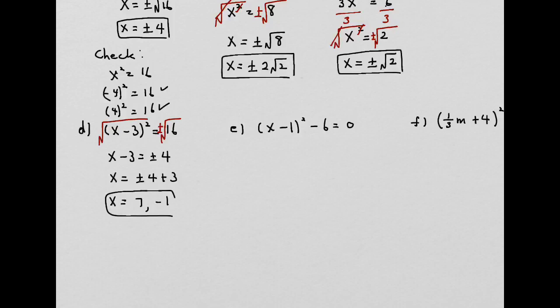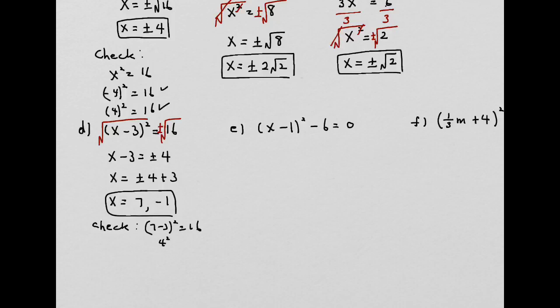There are 2 solutions. If you want to check that you got the right solutions, it's not a must, but you can check by replacing into the beginning of the problem. So when you replace 7, you get 7 minus 3 squared should be 16.